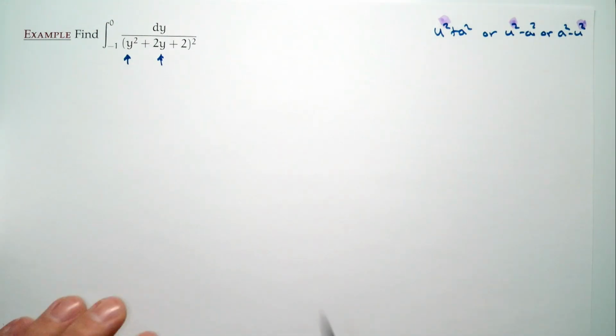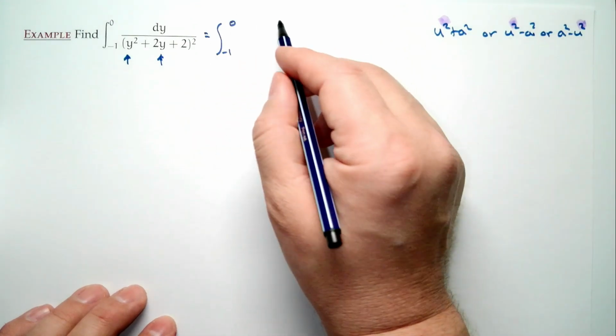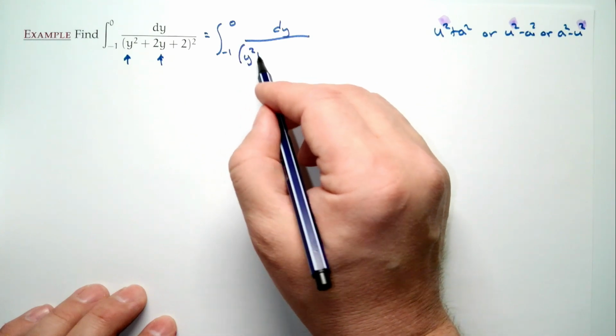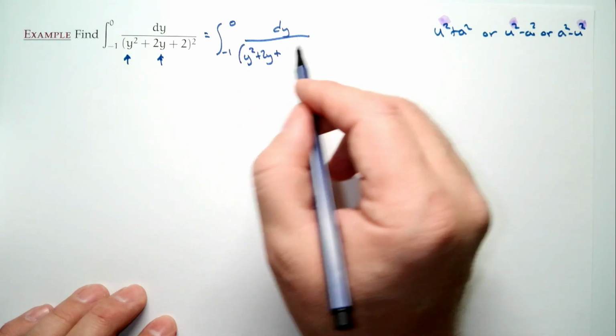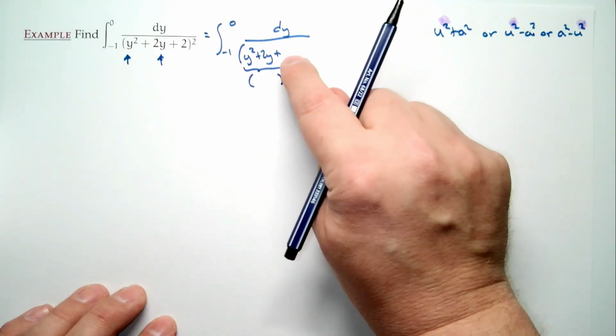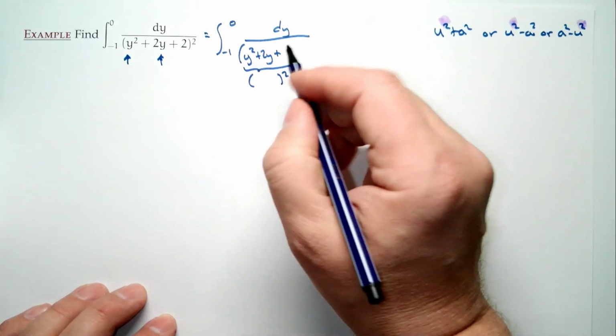Okay. So, the integral from -1 to 0 of dy. I have the y squared plus 2y. I want to add something so that this thing would be a square. What do I add here to make it a nice square? You'd add 1.